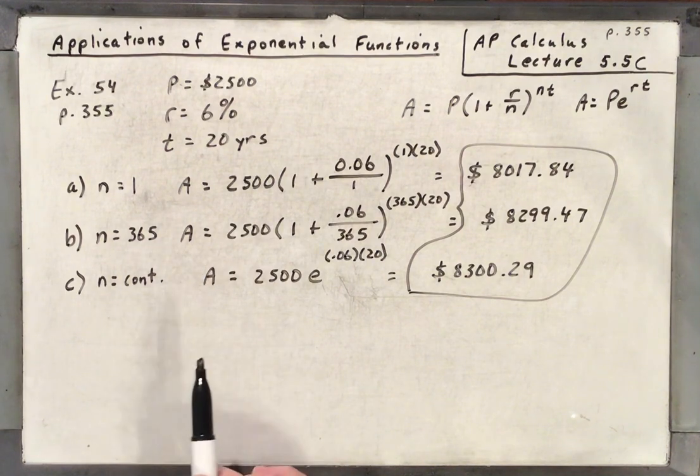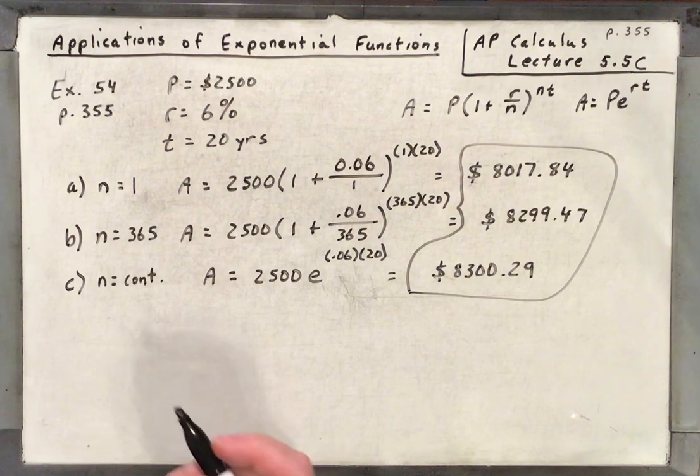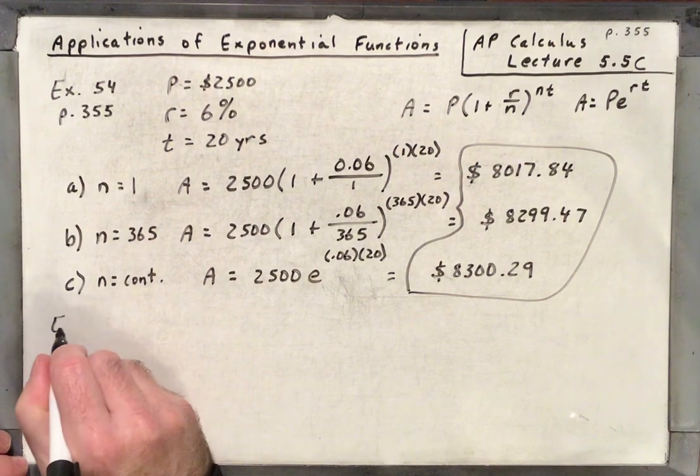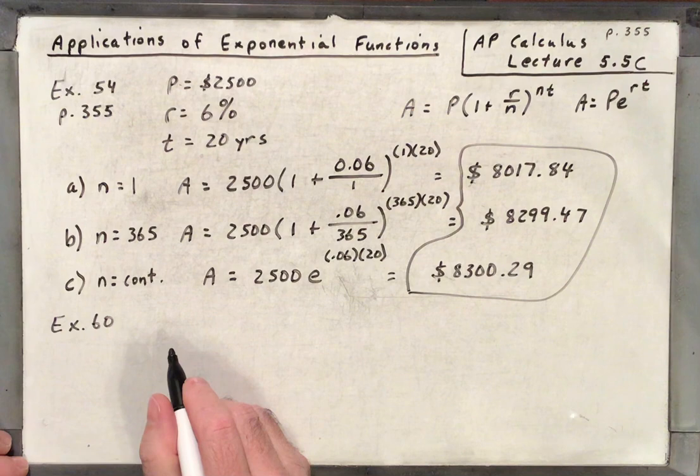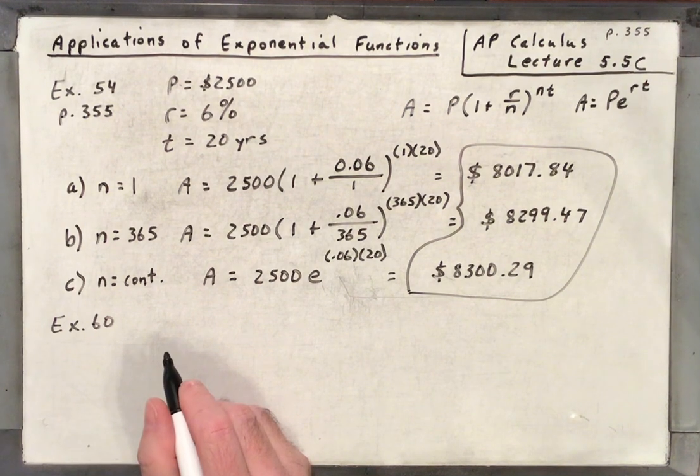Or we could also do one where we're solving for P. Let's look at example 60, on the same page. We are also given a table there. And it says, complete the table to determine the amount of money P, the present value, that should be invested at a rate R to produce a balance of 100,000 in T years.